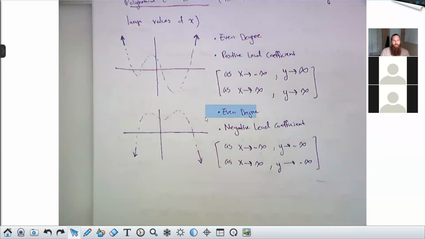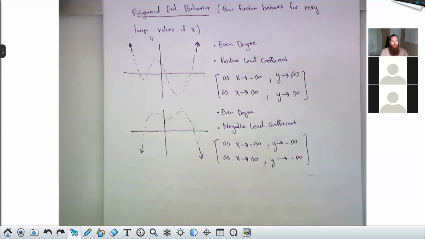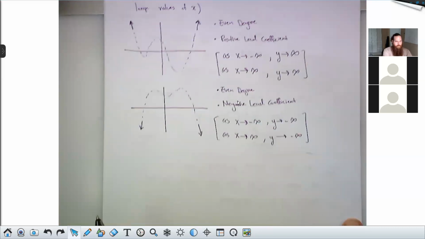Any polynomial with an even degree and a negative lead coefficient will have this end behavior. What we're going to do on Wednesday is try to figure out what's going on in the middle. That's much, much harder. But for now, we're just talking about the end behaviors, like how the arrows point on the far edges of the graph. And then for odd degree, there's again 2 cases corresponding to positive and negative coefficients.